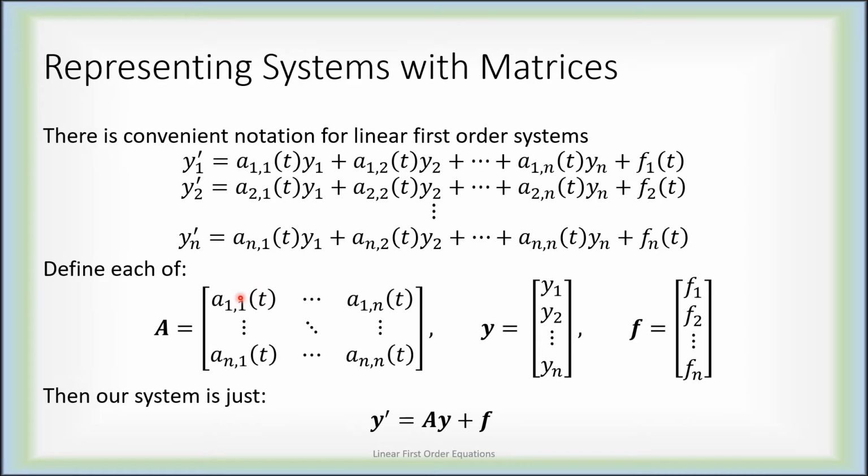It would be a11 y1, a12 y2, a13 y3, all the way up to a1n yn, which is exactly what we have here in our first equation. And then the forcing column just adds on that first coordinate to give you your f1. So row by row, you can verify that Ay plus f exactly gives you the right-hand side here.